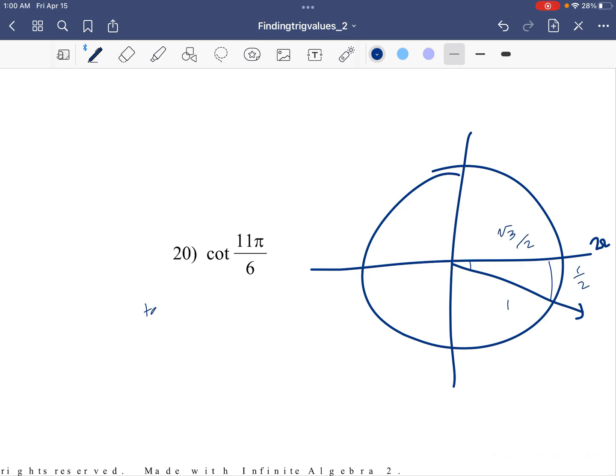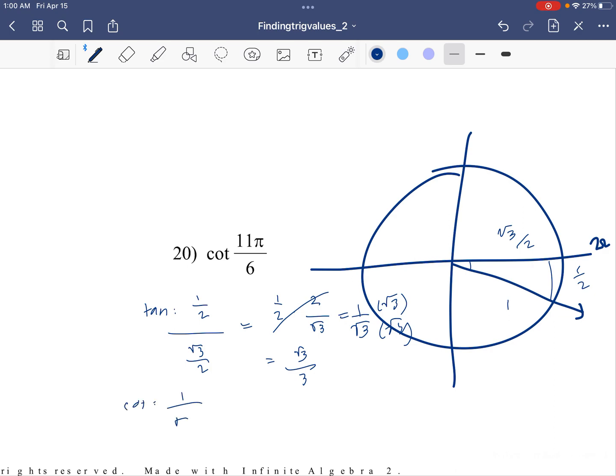So for cotangent, we're going to use tangent. Tan is opposite over adjacent, so we're going to multiply by rad 3 on the top and the bottom. Okay, and cotangent is 1 over tan.